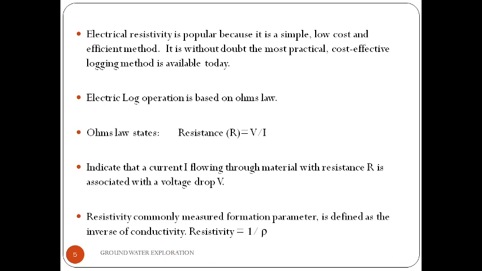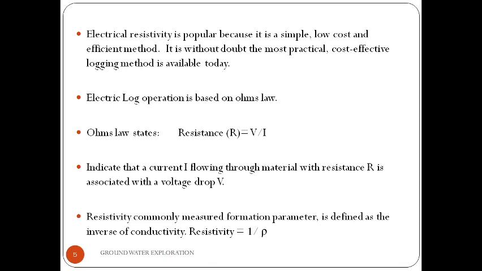A current I is passed between the electrodes A and B, while voltage is measured between electrodes M and N. One current electrode is always at ground potential and its effect can be taken as negligible. Conventionally, there are two systems of electrode arrangements called normal and lateral.